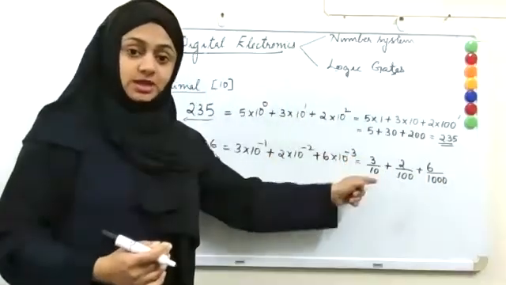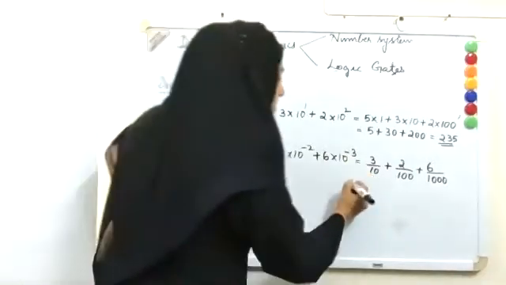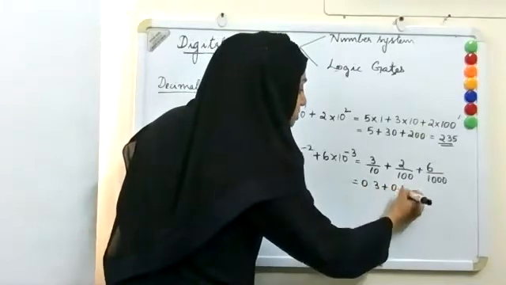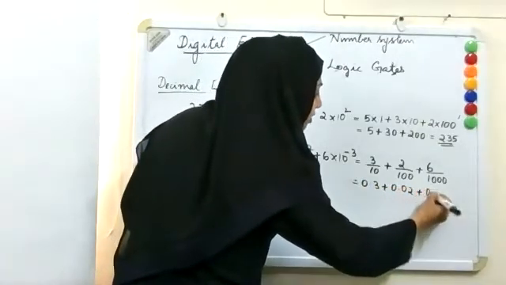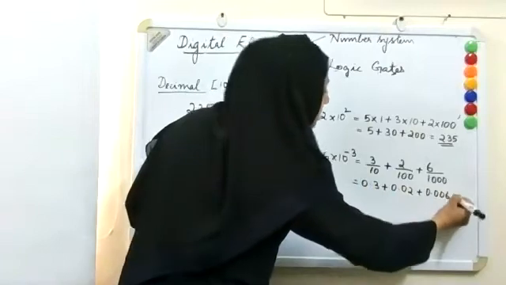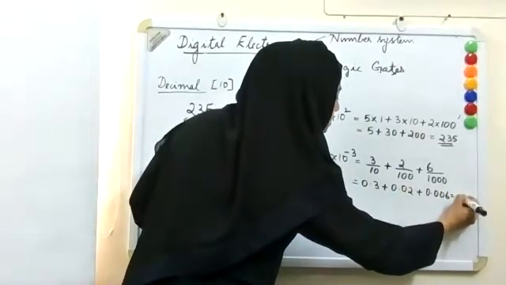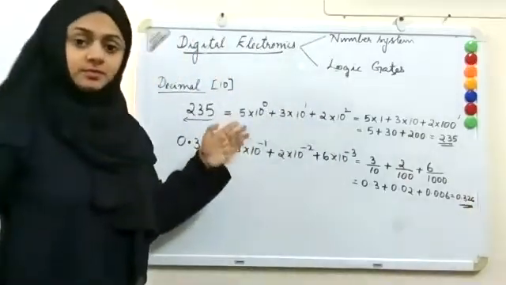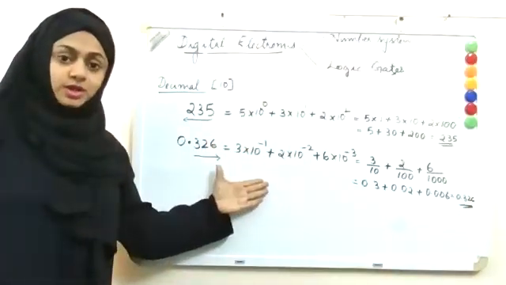So it will go like that. So this can be expressed as 0.3 plus 0.02 plus 0.006, and you get 0.326 when you add. This is how we represent it.